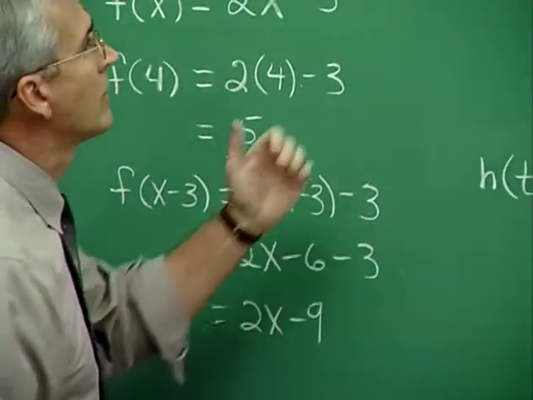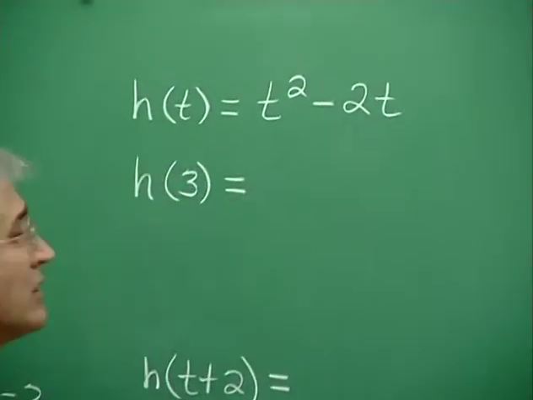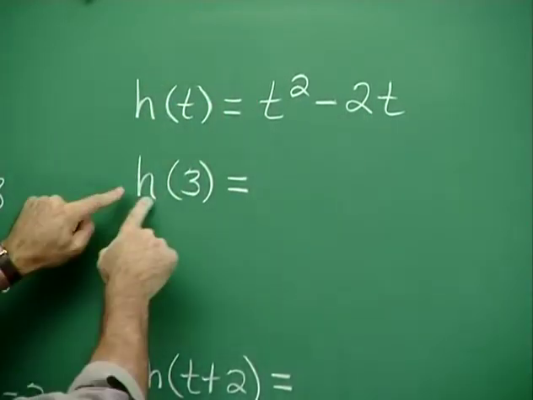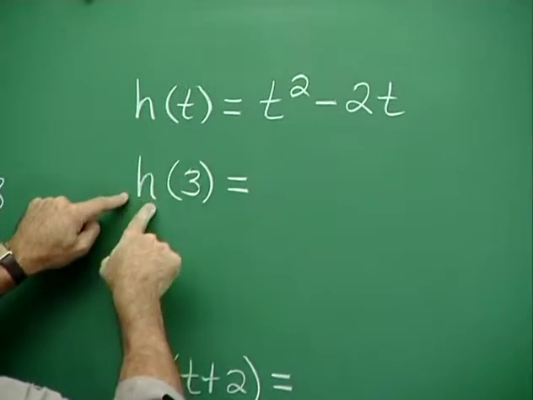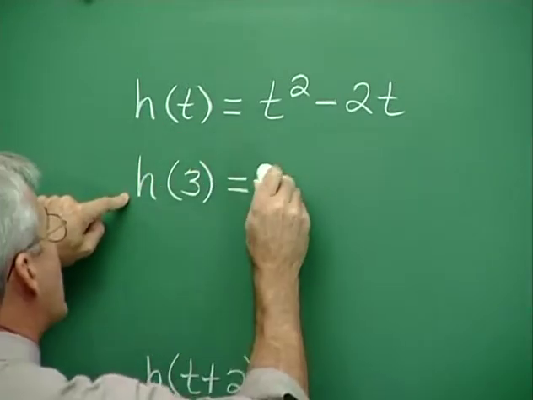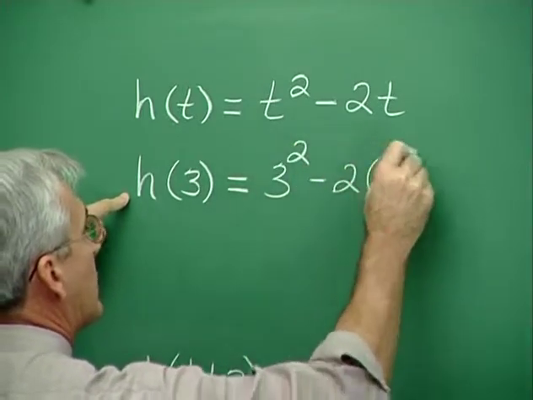Here's another one. This function's name is h, and the variable is t. So h of t is equal to this expression. h of 3 means in the h function, replace t with 3 and evaluate. This t is replaced with 3, and this other t is also replaced with 3.